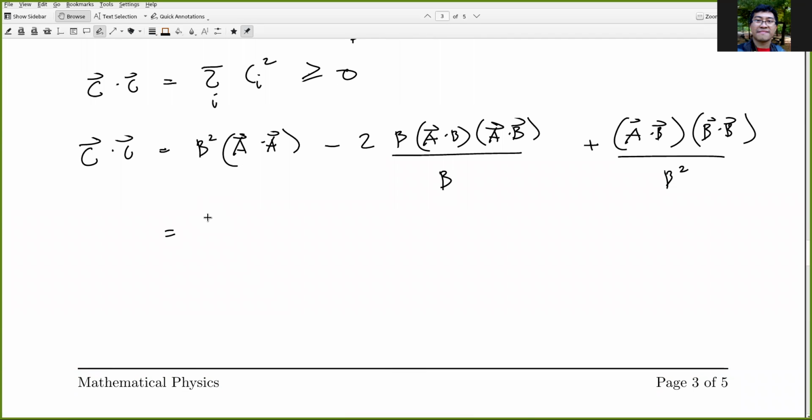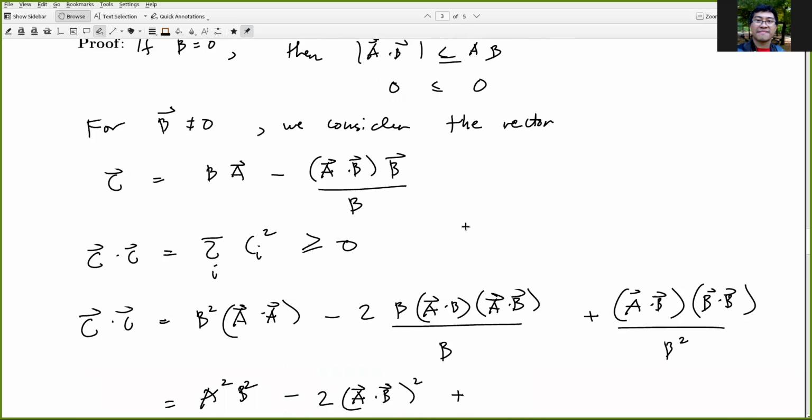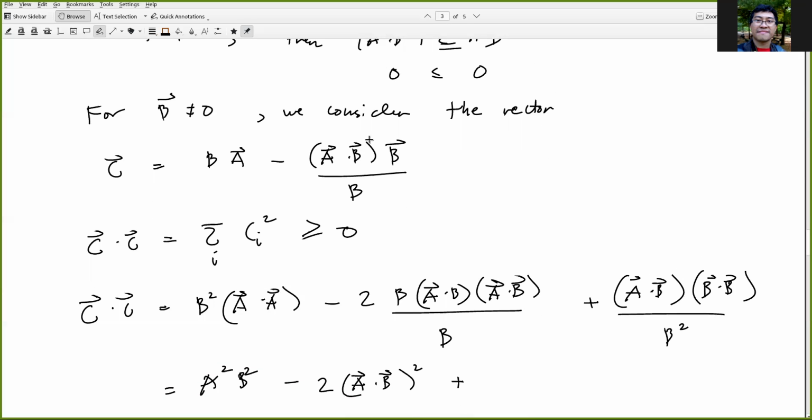So here this is A squared B squared minus 2 (A dot B) squared, plus this part, which should be squared.